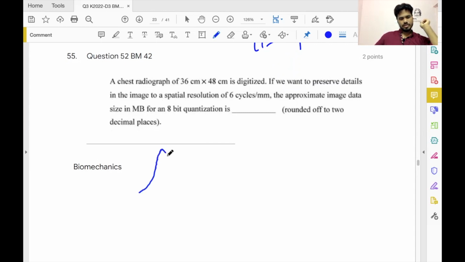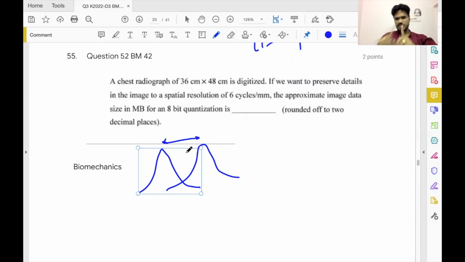we have one pixel here, one image source here, another image source here. Okay, this is one cycle, that is things that we can distinguish: a peak, trough, and a peak. And in one cycle, there had better be 2 pixels here. 1 pixel to capture this dark spot, half a pixel on this side to capture this bright spot, and on an average half a pixel on this side to capture this bright spot.